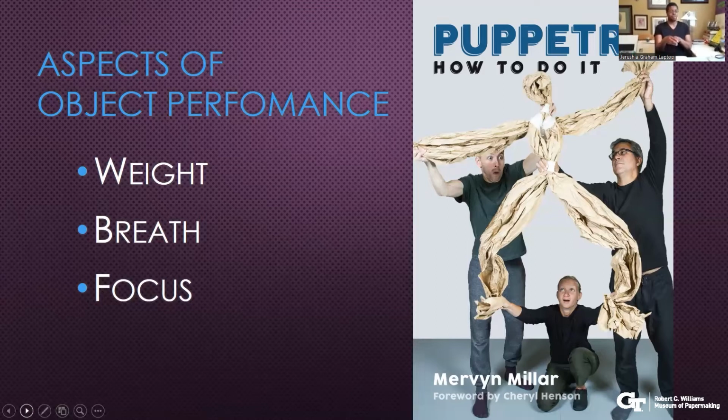And then how you move your object, and how you choose to decorate your object, is going to help the audience understand what is the forward-facing aspect of your object. How are they seeing or searching out in the world? What's their front end and their back end? And then how are they navigating the space?